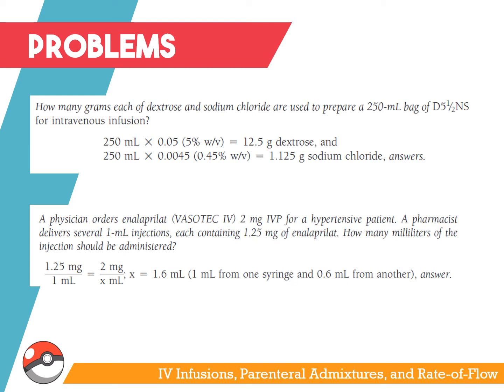So how many grams each of dextrose and sodium chloride are used to prepare a 250 ml bag of D5 1/2 NS for intravenous infusion? So first, what is D5 1/2 NS? So it is 5% dextrose in half normal saline solution. So what is asked is the number of grams each of dextrose and sodium chloride.